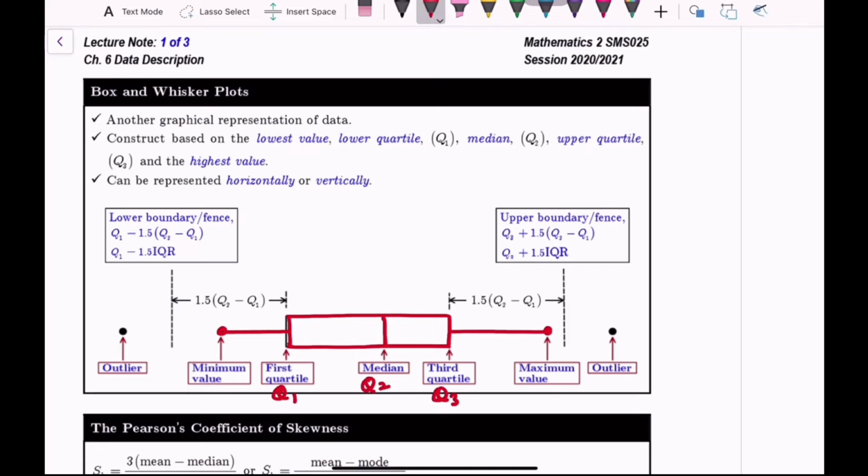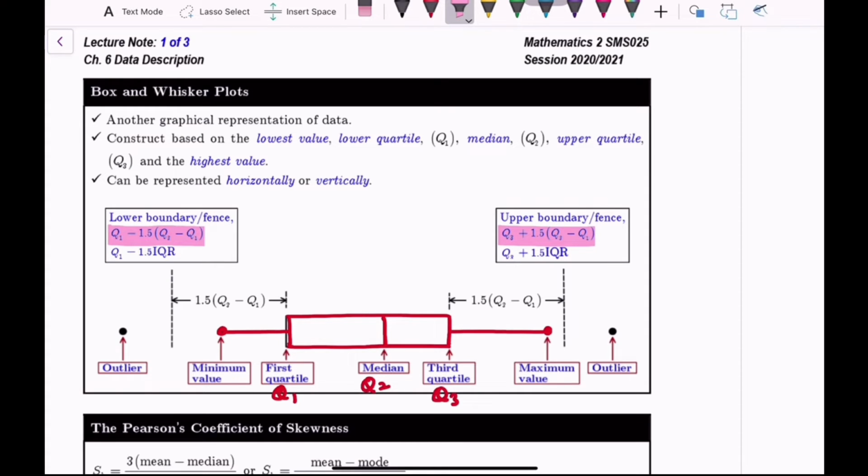Then we find the upper boundary. Upper boundary can be determined by using the formula Q3 plus 1.5 times (Q3 minus Q1). Then we determine the lower boundary by using the formula Q1 minus 1.5 times (Q3 minus Q1).